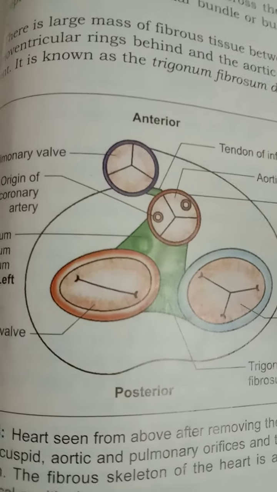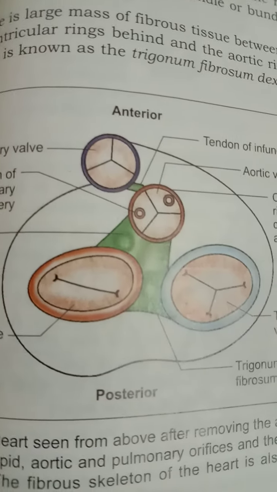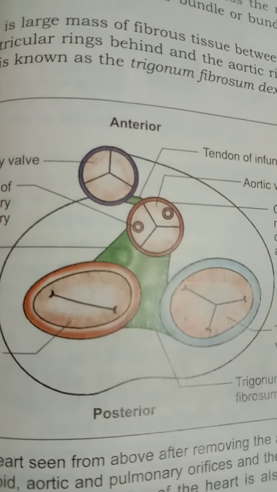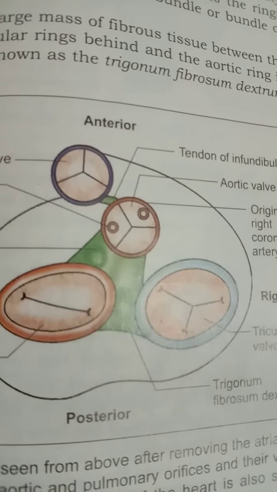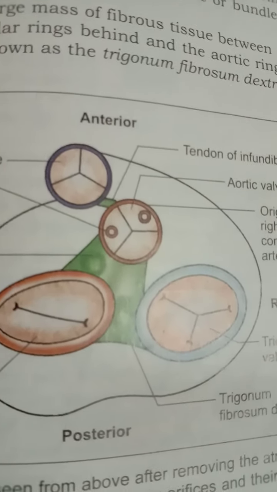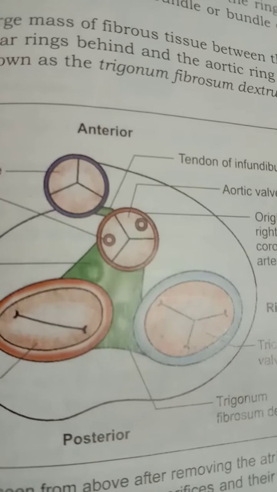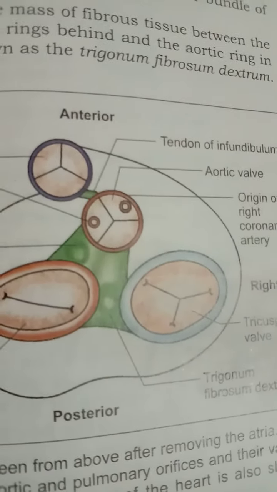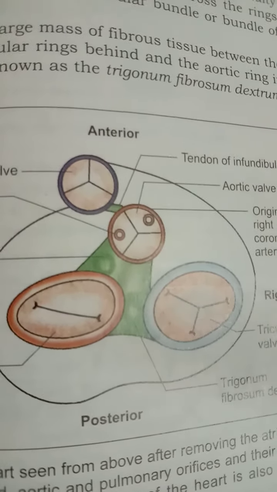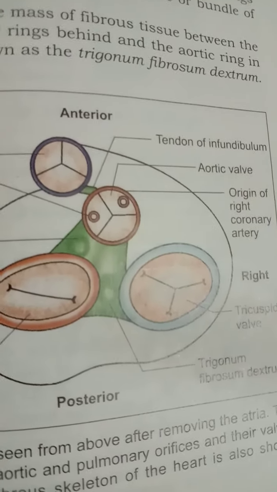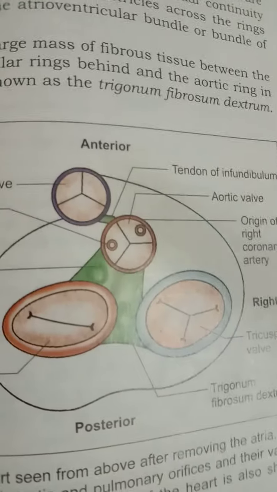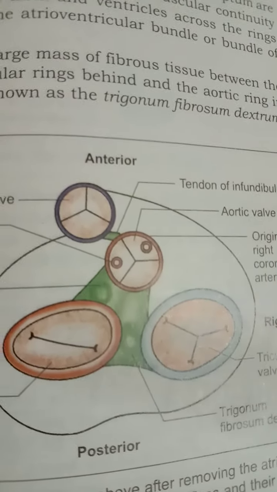The fibrous rings surrounding the atrioventricular and arterial orifices, along with some adjoining masses of fibrous tissue, constitute the fibrous skeleton of the heart. Its importance is that it provides attachment to the cardiac muscle and keeps the cardiac wall together.